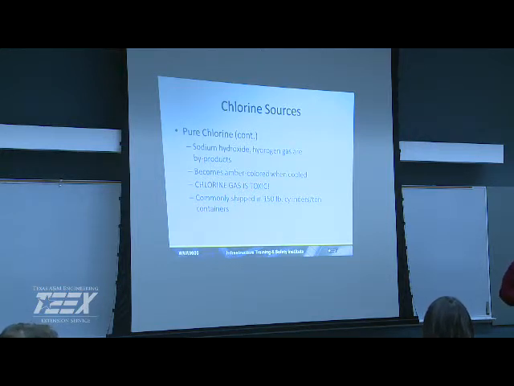I know Anna was talking earlier about no math, but if you look at how much more bleach you're going to have to use, at 6%, versus 100% chlorine, it's not practical for a big system that's pushing 30, 40, 50 million gallons a day. It's not practical to use a liquid bleach.